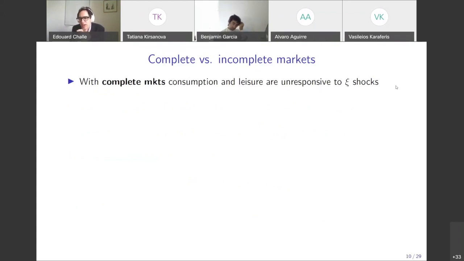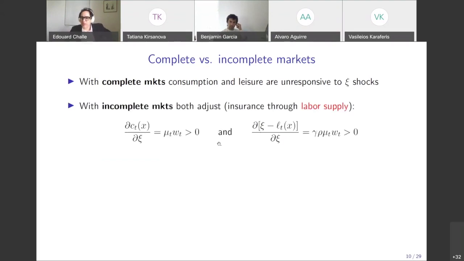The optimal thing for a planner to do would be to say that those who have a higher time endowment shock work more, and that's it. We eliminate all the consequences of those time endowment shocks, so we equalize leisure and consumption across agents. This is what the planner would want, and this is what you would decentralize with a complete set of Arrow securities.